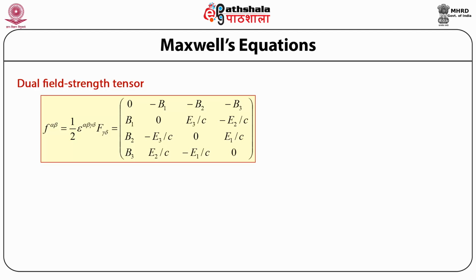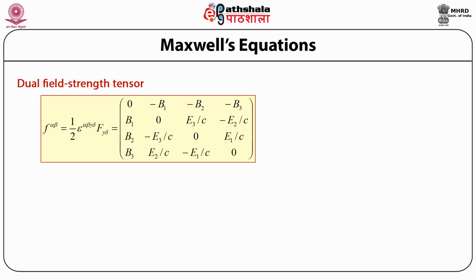So using this definition and this transformation equation, we have the dual field strength tensor small f superscript alpha beta equal to: the first row elements are 0, minus b subscript 1, minus b subscript 2, minus b subscript 3. The second row elements are b subscript 1, 0, e subscript 3 by c, minus e subscript 2 by c.